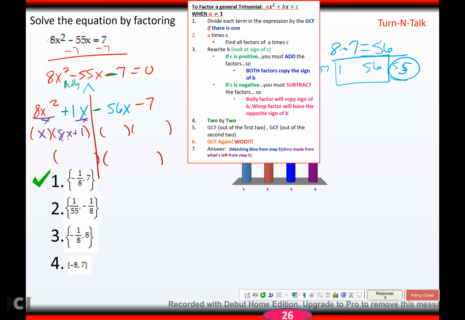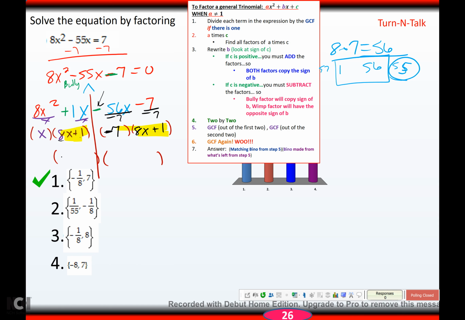I know that the first term has to be 8, and I know that binomial has to match. So I know the first term has to be 8x, and the second one has to be 1. The only way I'm going to get 1 is if I divide by 7, and sure enough, they have a 7 in common. No x, but they have a 7, and I always take the sign after the wall, which is negative. So if I divide by negative 7, I get positive 8x, positive 1. And now you see that I have a matching binomial.